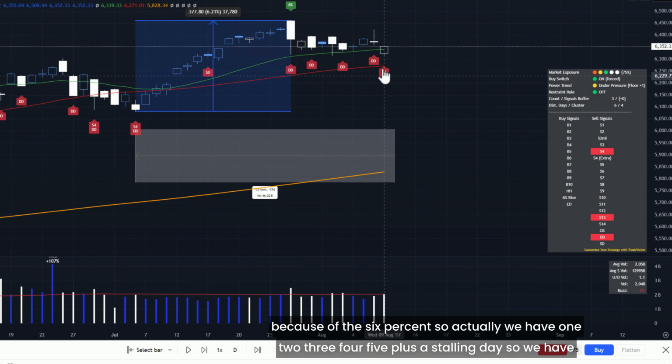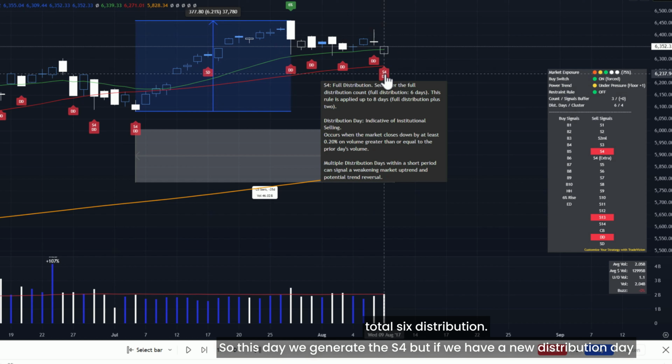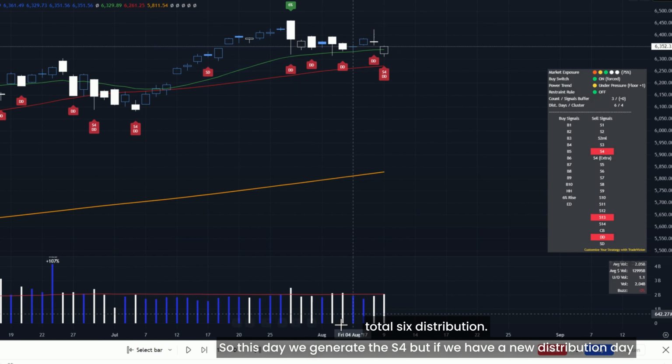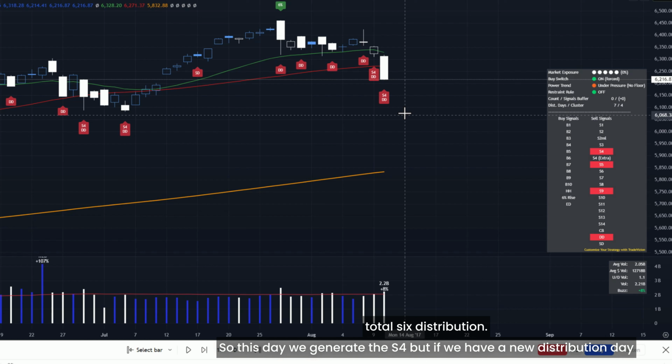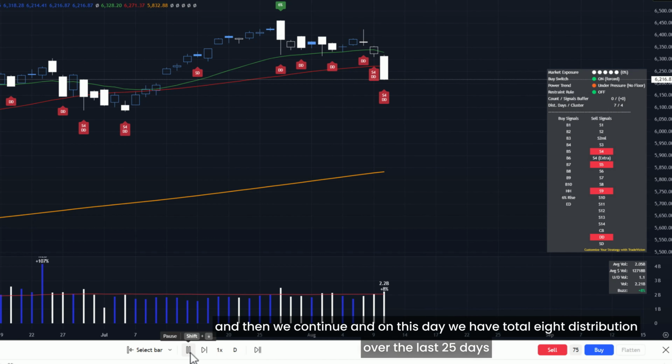So actually we have 1, 2, 3, 4, 5 plus a standing day, so a total of 6 distribution. This day we generate the S4, but if we have a new distribution day, like this day, then we generate another S4 because now distribution is 7, and then we continue.